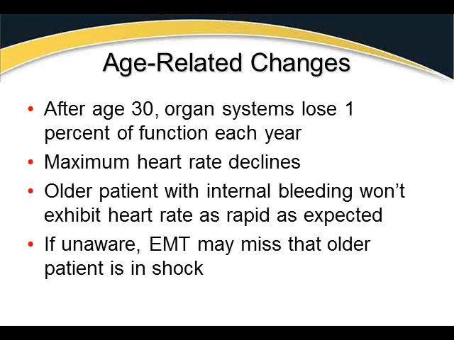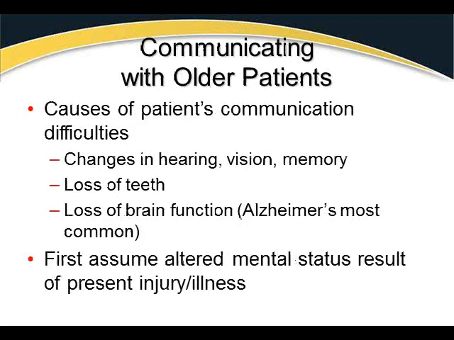Other communication issues that we deal with: changes in hearing and vision, and potentially memory, loss of teeth, loss of brain function, Alzheimer's type diseases starting to set in. First, assume altered mental status as a result of a present illness or injury.